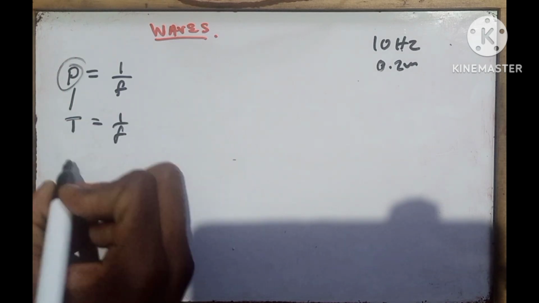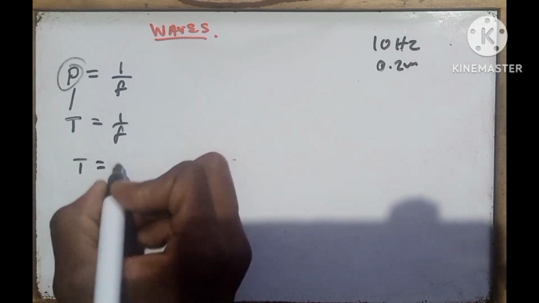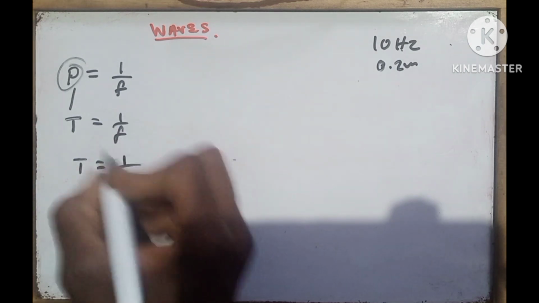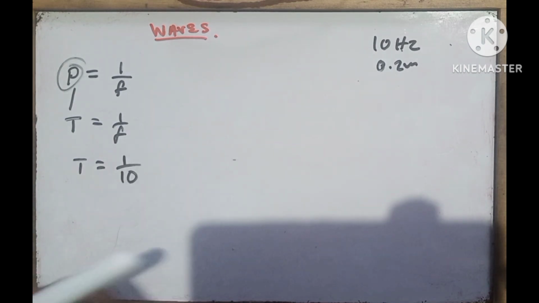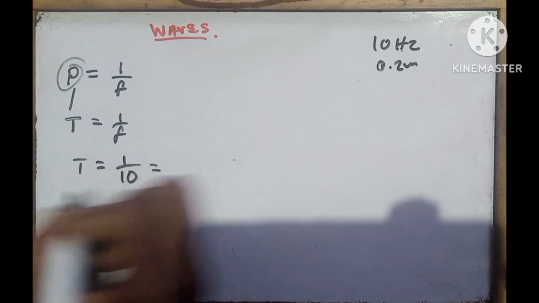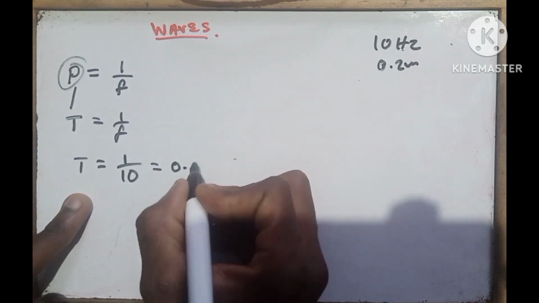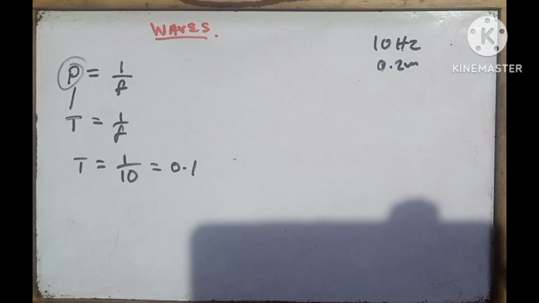So we're going to plug 10 where we have frequency here. So we're going to have 1 over 10. And then punching this on the calculator, we're going to get 0.1. So our period is 0.1 for the first question.